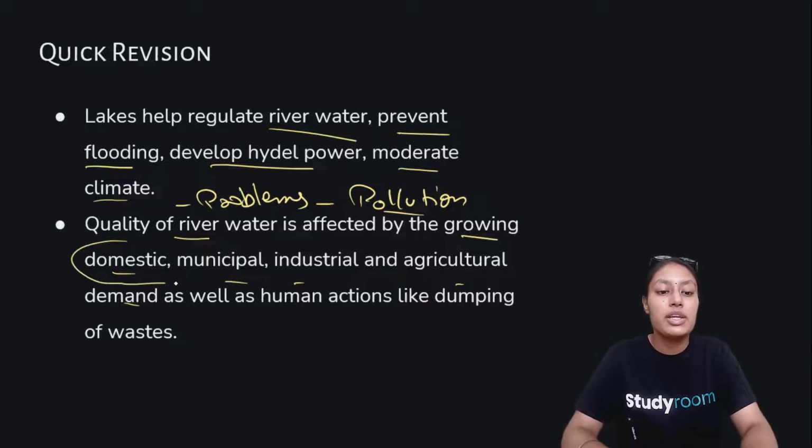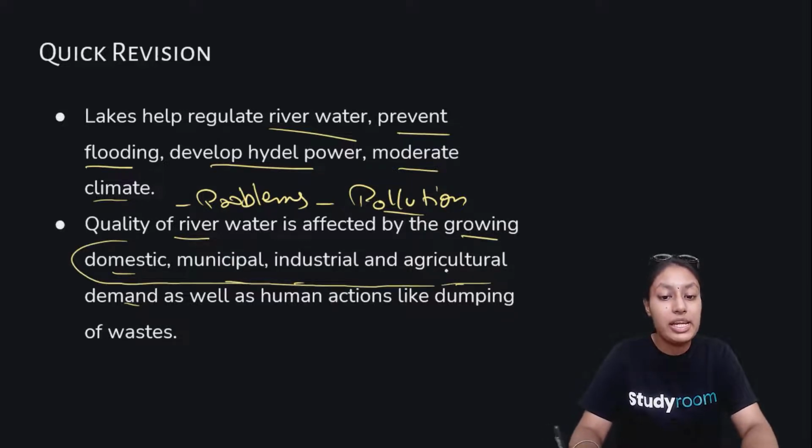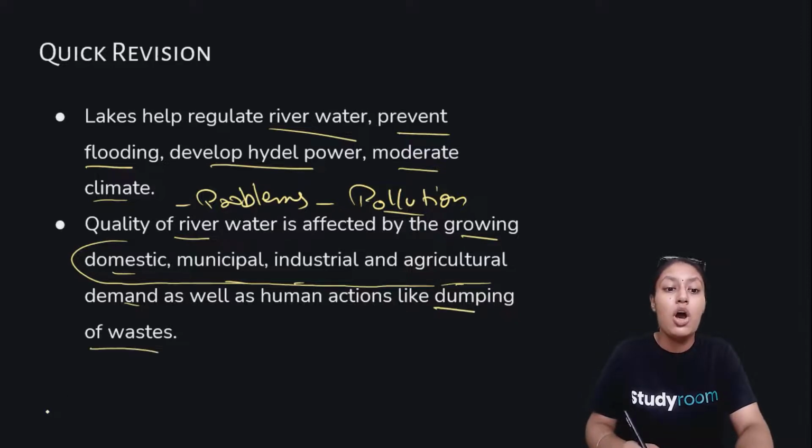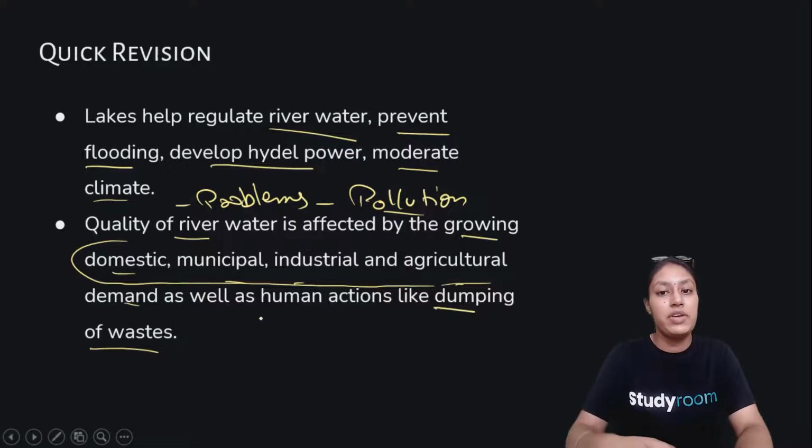The demands in these sectors are growing rapidly, due to which the quality of rivers is affected and the quantity is also affected. This is also caused by human actions, for example mismanagement of industrial waste and dumping of waste in the water. So these are some major problems that we are facing.